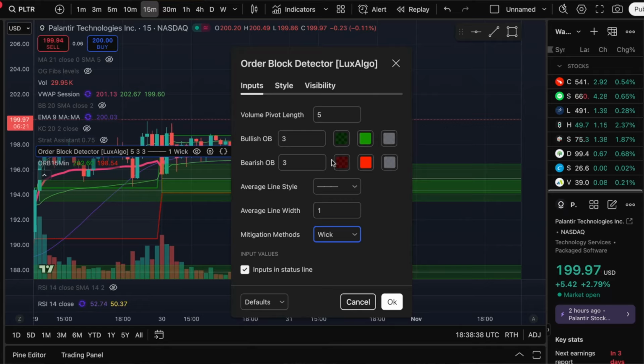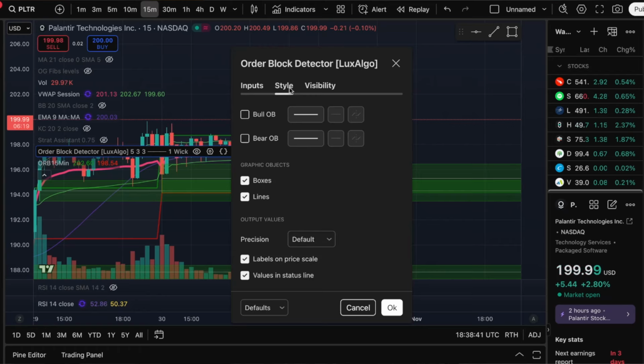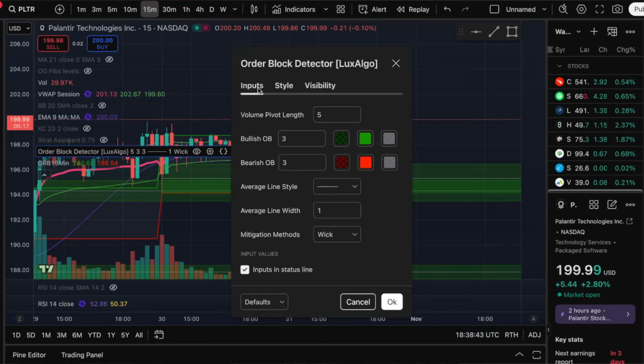Now, another thing that you want to do is see style. We've got line. Okay, we've got the order blocks, pivot length, right? You want to make sure that the volume pivot length is within a range of how you're trading.